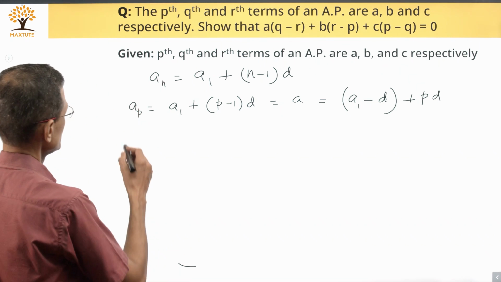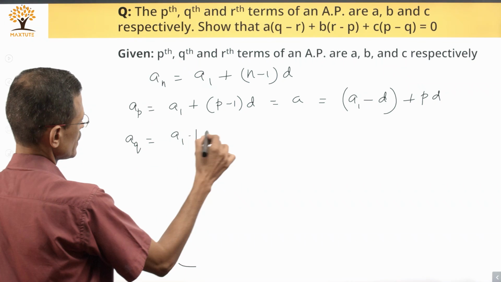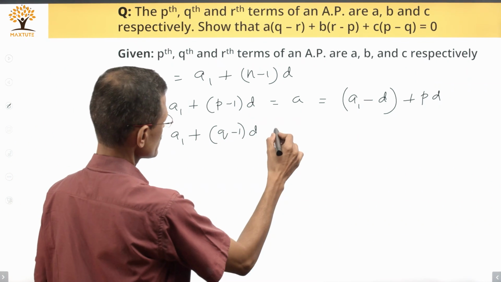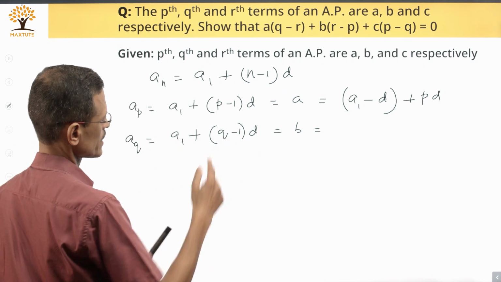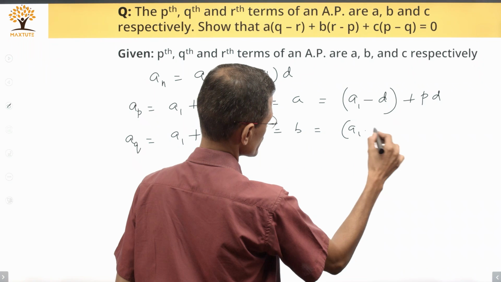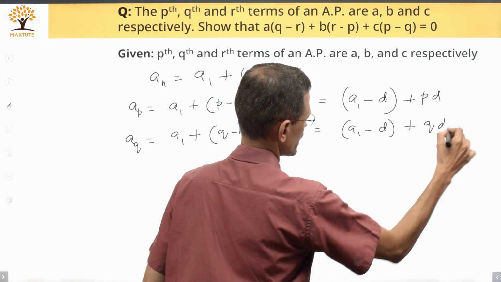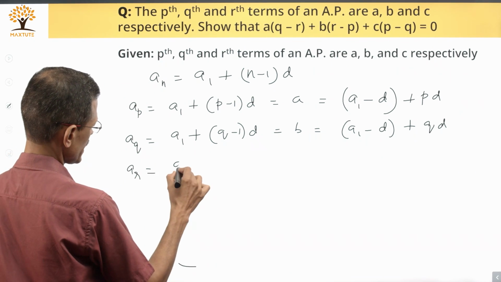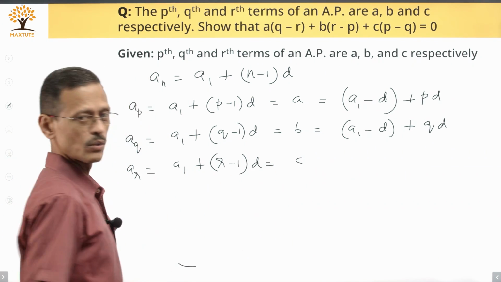Let us go to the second part, which is we are trying to find out the qth term. aq is equal to a1 plus (q minus 1) times the common difference d. This is equal to b. I am going to rewrite this also as a1 plus qd minus d. So, we will take a1 minus d together and we will write this qd as a separate term. We will go to the rth term, ar is equal to a1 plus (r minus 1) times the common difference, which is equal to c.